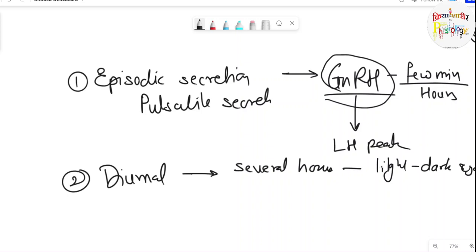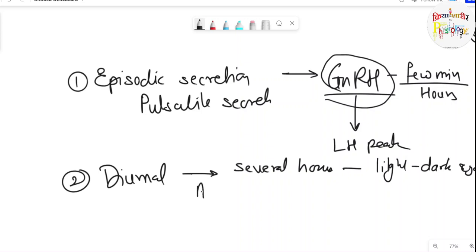In a complete day, there is one part where there is light, and in the night there is darkness. So according to that light and darkness cycle, this diurnal secretion of hormone occurs and it lasts for several hours.